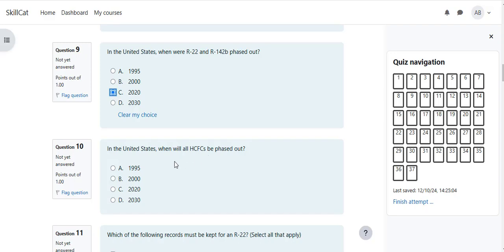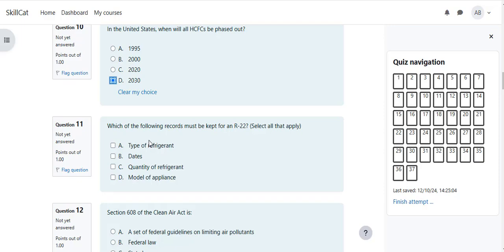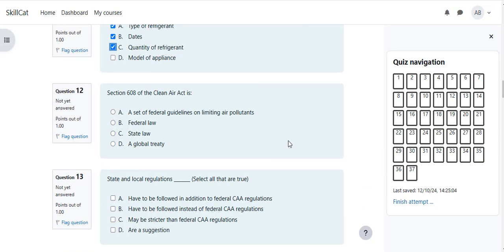Okay. In the United States, when will all HCFCs be phased out? 2030. Which of the following records must be kept for R22? Type of refrigerant, date, quantity of refrigerant.